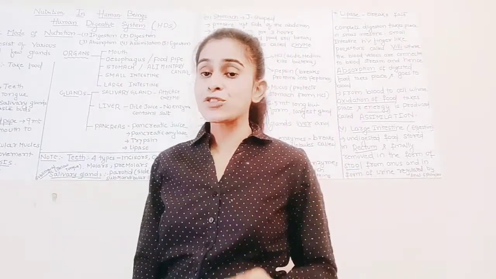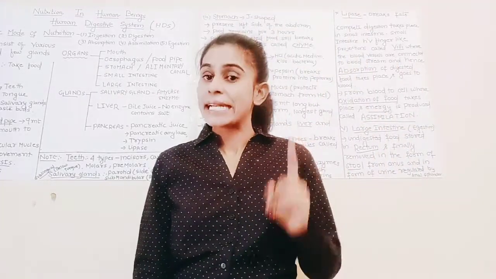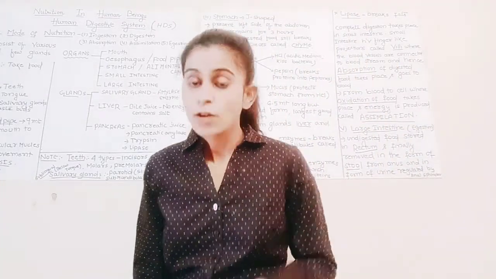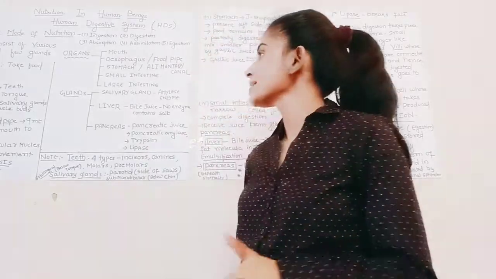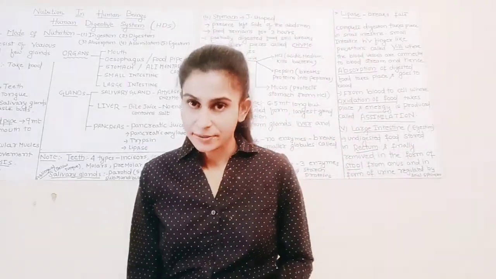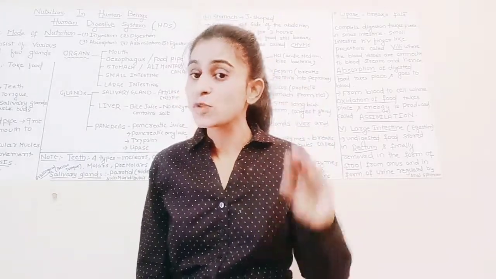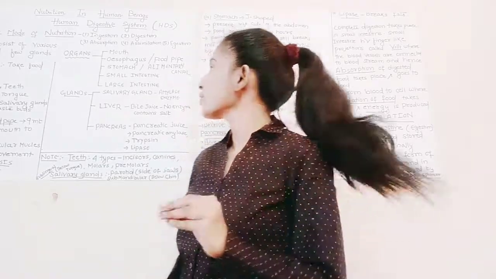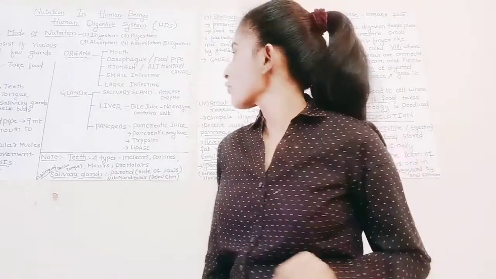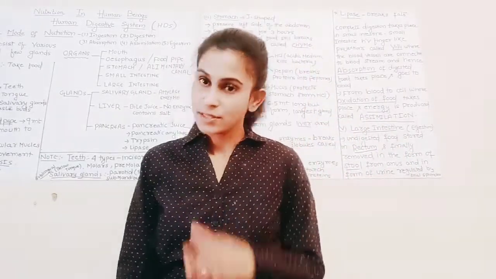The fourth one is the small intestine and the fifth one is the large intestine. So the 5 organs which participate in digestion are the mouth, esophagus, stomach, small intestine and large intestine.